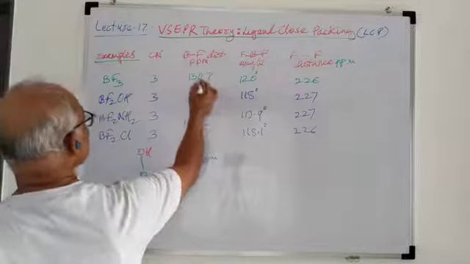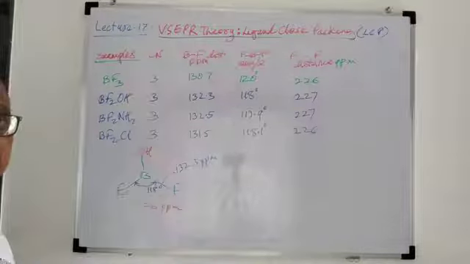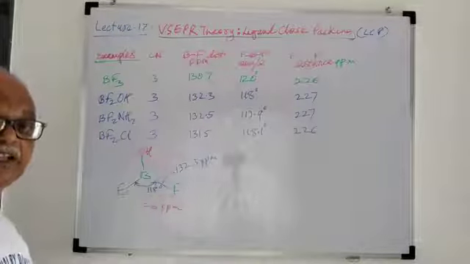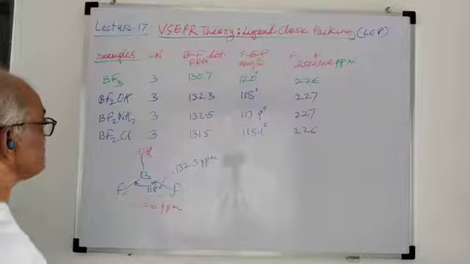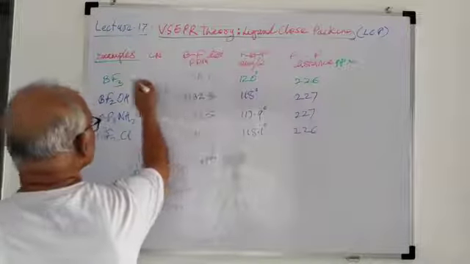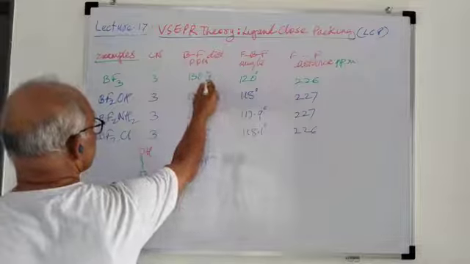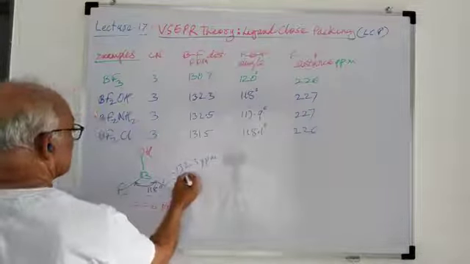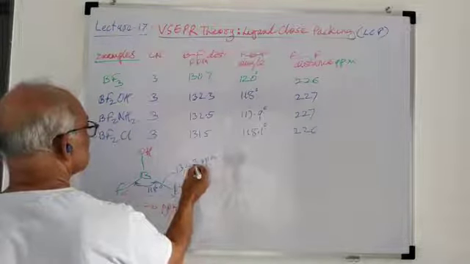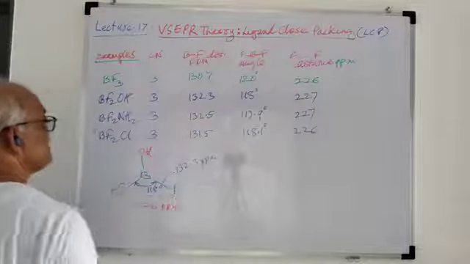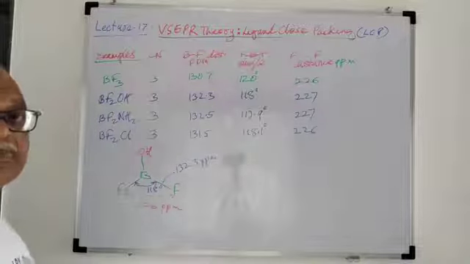So compared to BF3, as we say the ideal molecule example, where it was 130.7, here it becomes 132.3. So there is a slight increase in the BF distance.